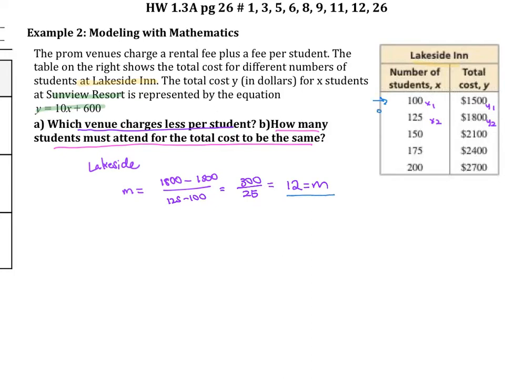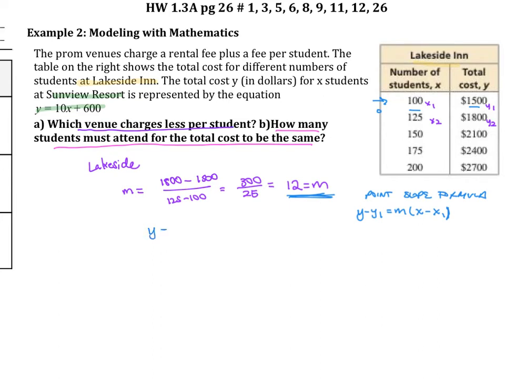We could figure it out, but we're going to use point slope, which is good practice. Remember, the point slope formula is y minus y1 equals m times x minus x1. We're going to use our x1, y1 here, and we have our slope of 12. So let's plug it in and solve.